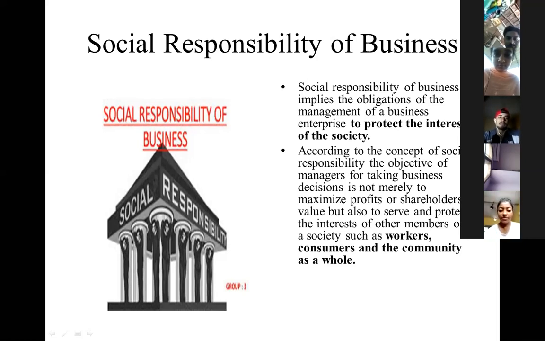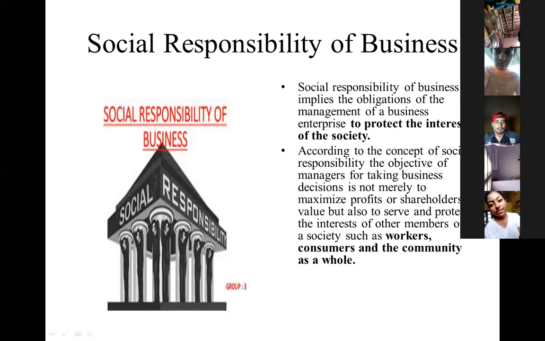When I say society, lots of people come under it: workers, consumers, and the community as a whole. So it is not only the responsibility of the business people or the manager to maximize the profit or to take care of the shareholders, but also to take care of the stakeholders. Stakeholders are the ones who are responsible enough to increase the profit of a business.